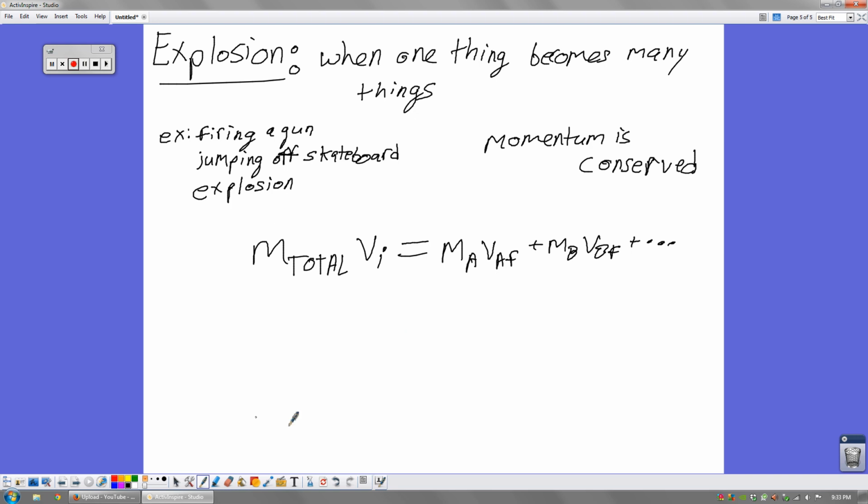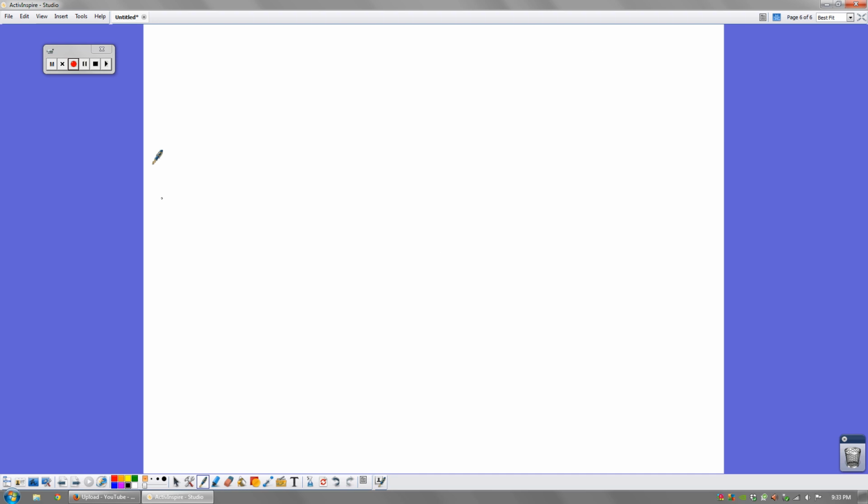All right, now we're squeezing in one more example problem there at the very, very end, and then we're done. Example. Mr. Saslow is in a boat. There's my boat.